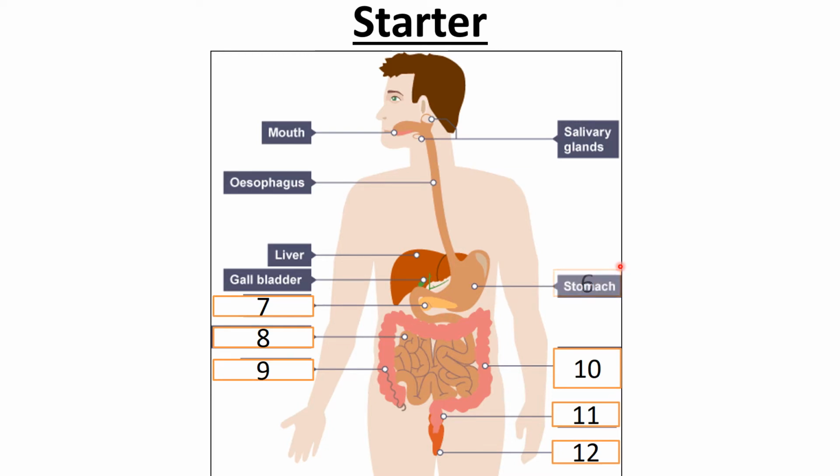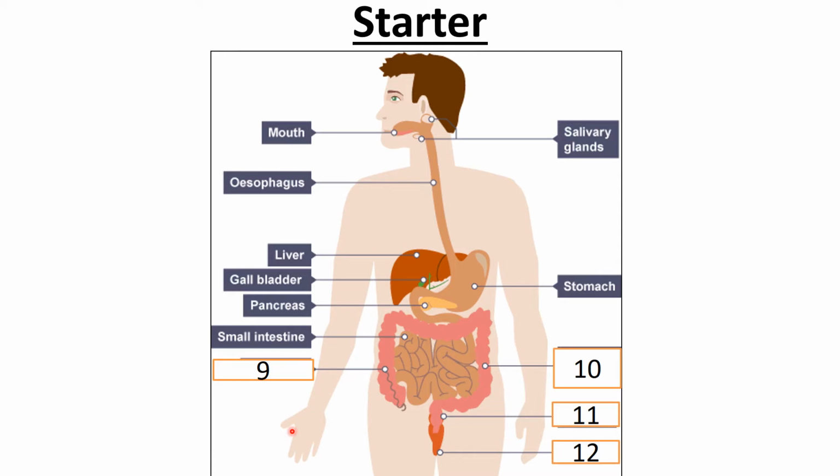6 is the stomach. 7, we encountered this before when we were looking at insulin and glucagon. 7 is the pancreas. And then 8 and 9, 8 and 10, easy to get 8 and 10 mixed up. 8 is where the food goes after the stomach, and that is the small intestine.